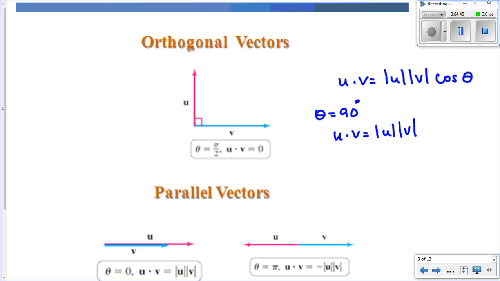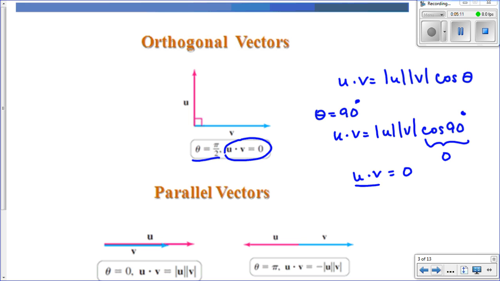is going to be the magnitude of u times the magnitude of v times cosine of 90 degrees, or pi over 2. But cosine of 90 degrees, or pi over 2, is just 0. So the dot product of two vectors that are orthogonal will always be 0. So when the angle between the two vectors is 90 degrees or pi over 2, the dot product is always 0.